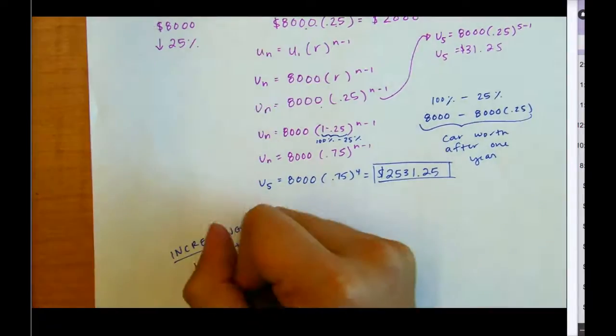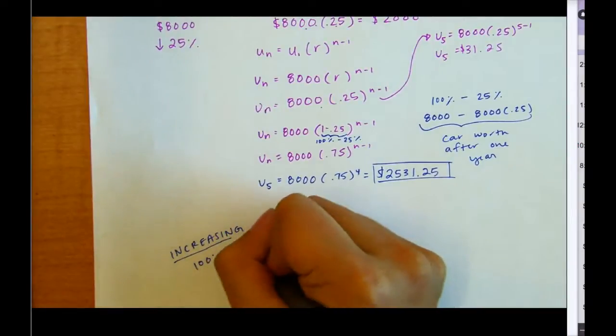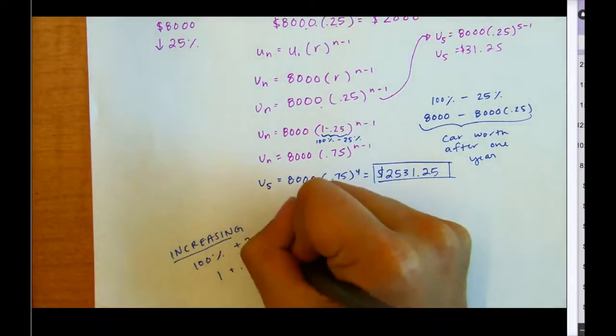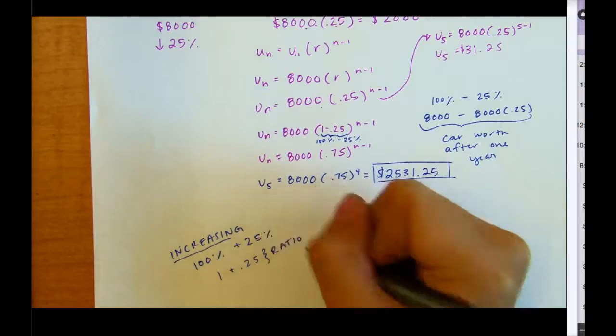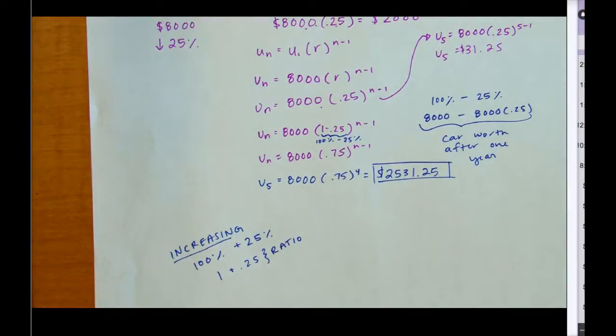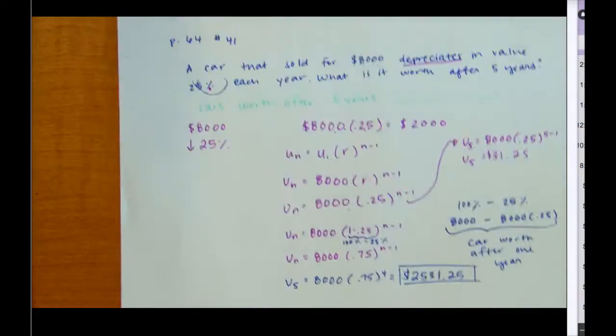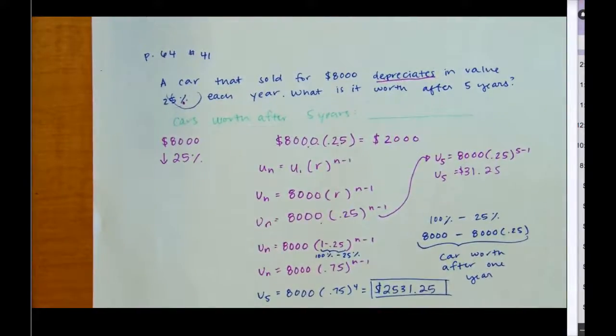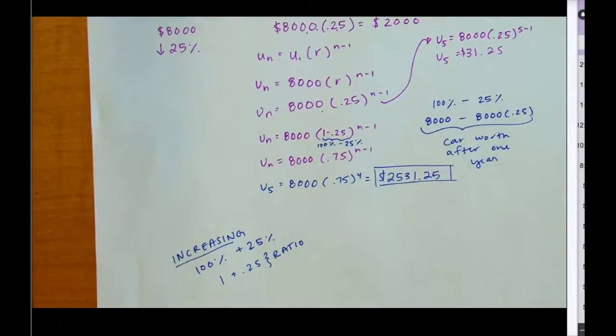So I would take 1 and add 0.25, and this is my ratio. That's how I find my ratio when I'm dealing with percents of a number. I'm not necessarily multiplying by that percent. I have to add it or subtract it from 1 based on whether my number is increasing or decreasing.